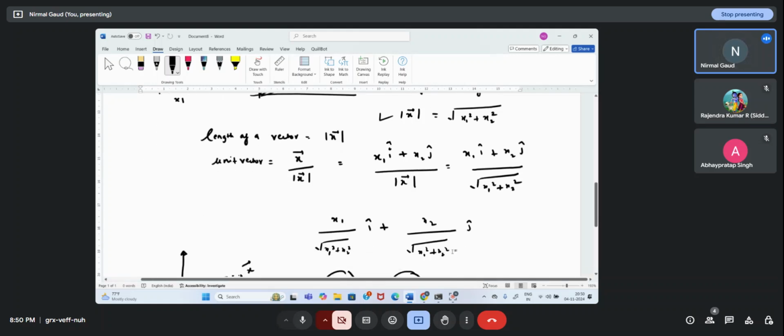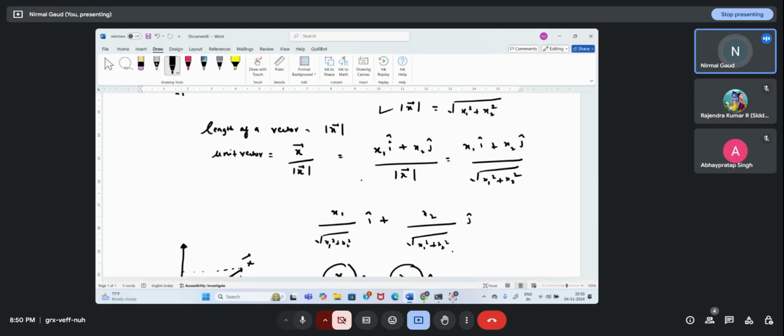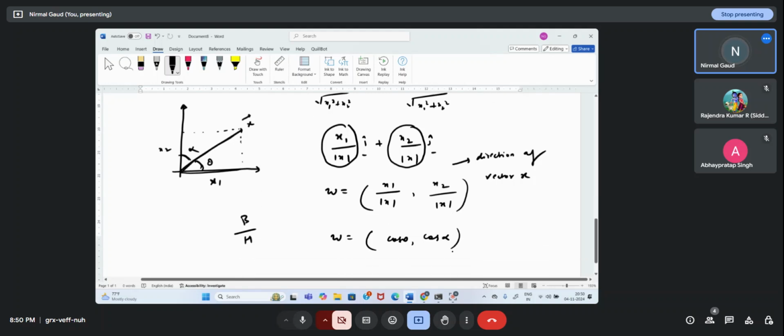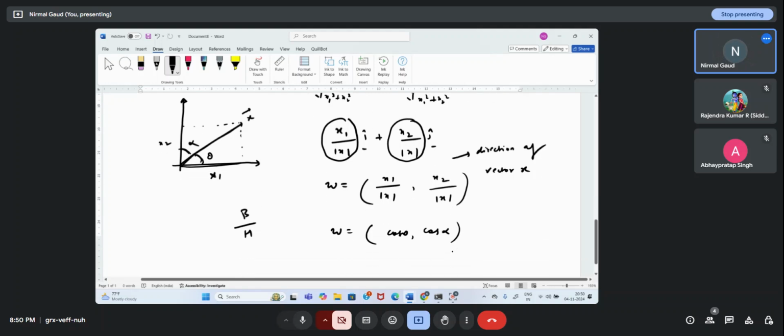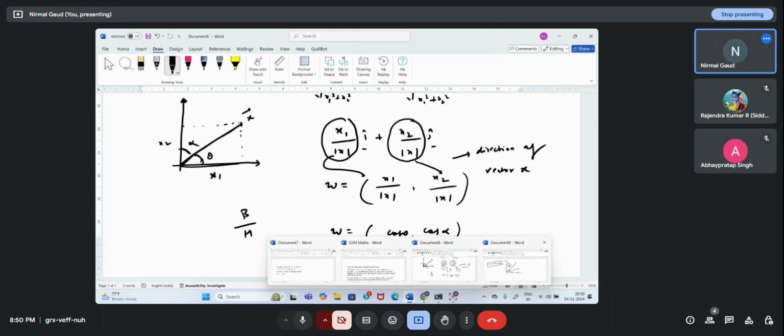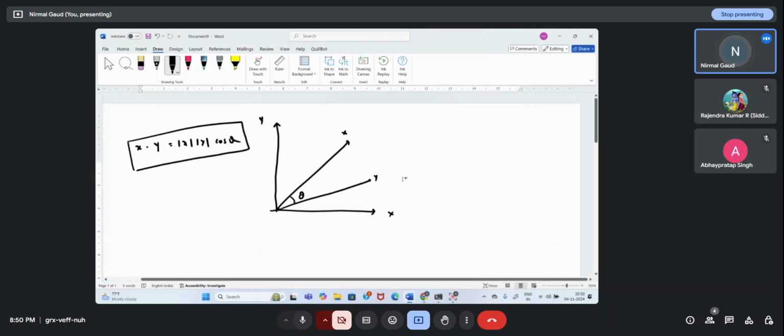Then I found the unit vector, that means the vector divided by its magnitude. So I took these two components, which show the direction of the vector, and I can represent it with cos theta and cos alpha according to the diagram here which I have made. Now I am taking two vectors x and y.